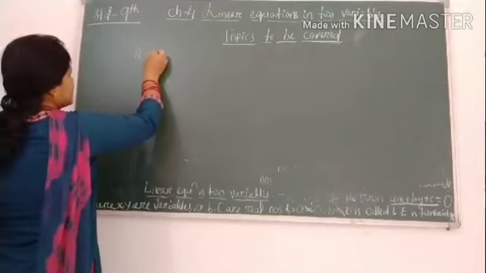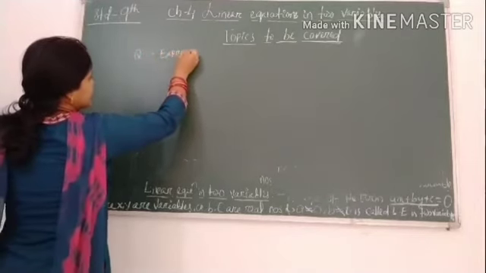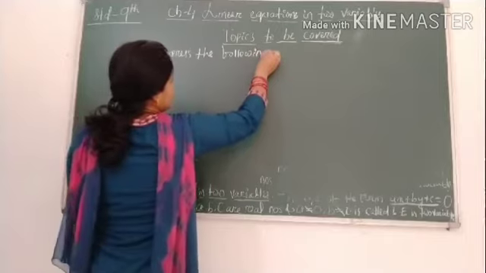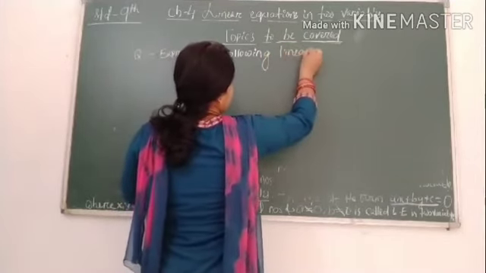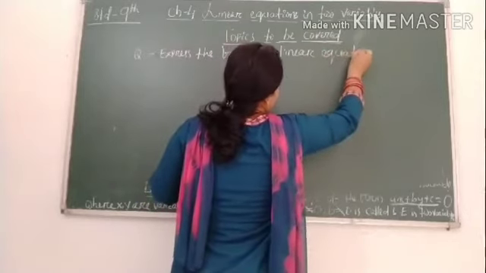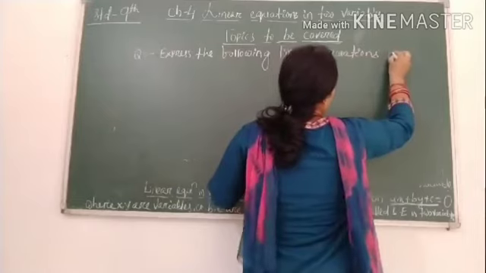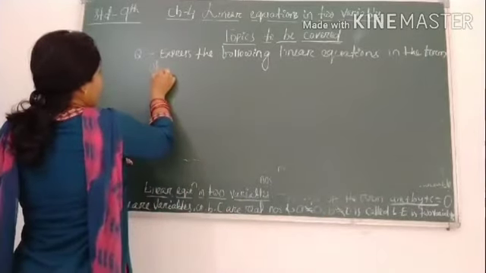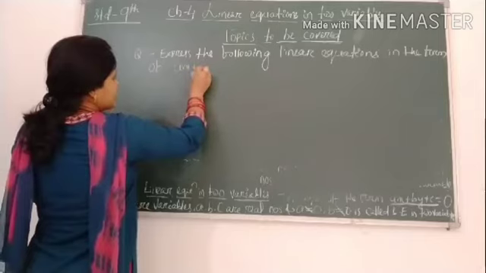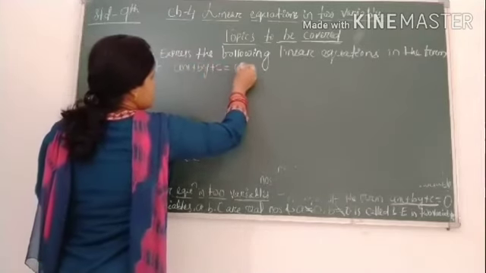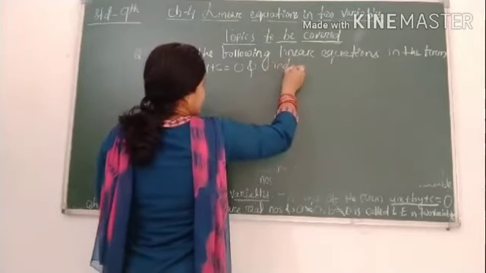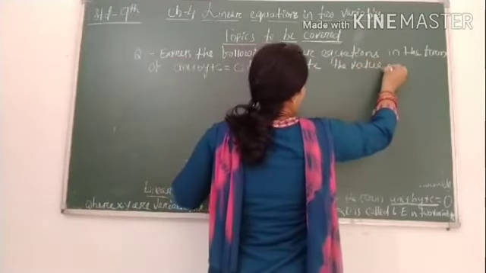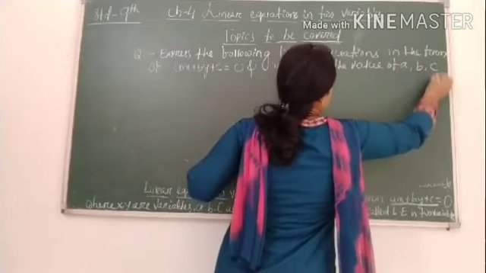Your question is: express the following linear equations in the form of ax plus by plus c is equal to 0 and indicate the values of a, b, c.